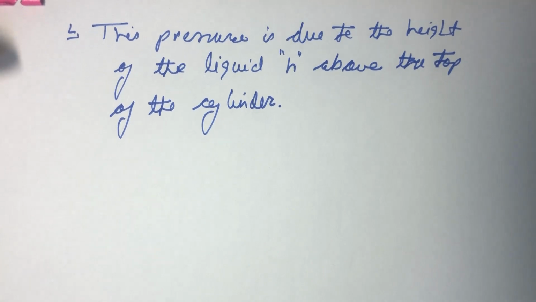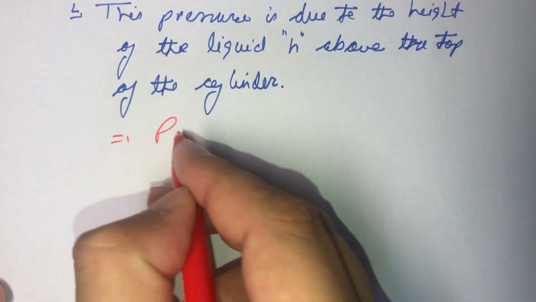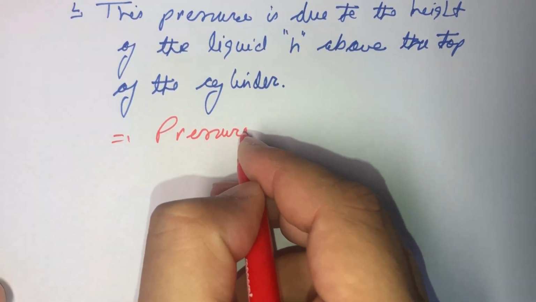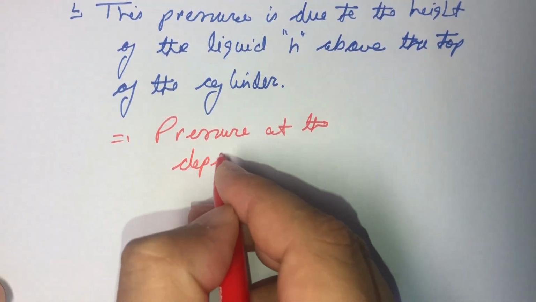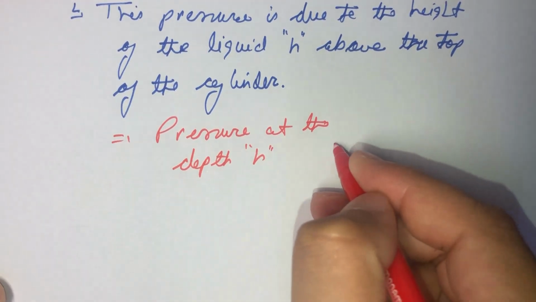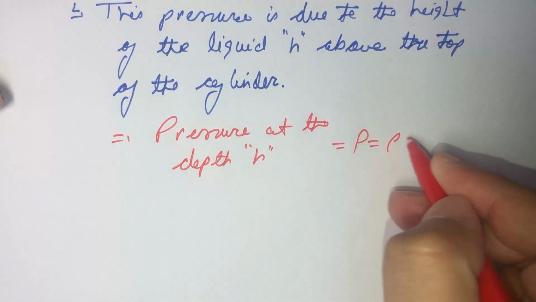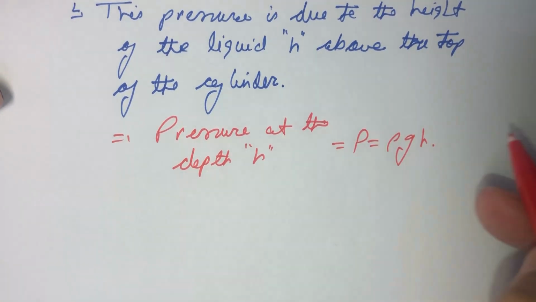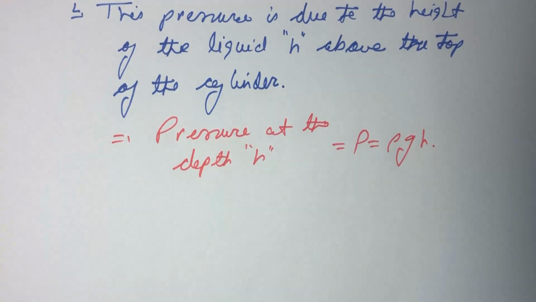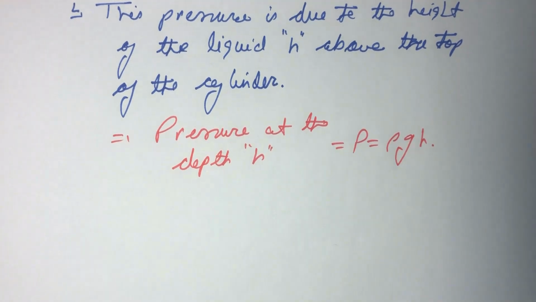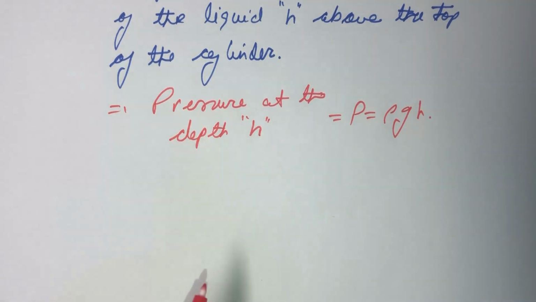So the pressure at a depth h will be equal to P, and this will be equal to rho g h, where rho is once again the density of the liquid, g is the acceleration due to gravity, and h is the depth in this case.